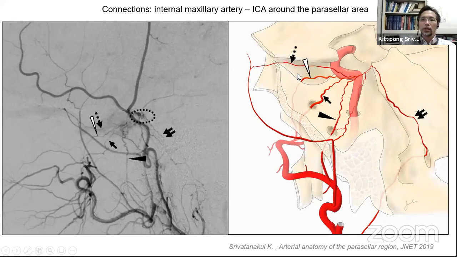So we have a lot of connections over here. Just remember the middle meningeal artery, the accessory meningeal artery, and some of the branches of the sphenopalatine artery, the artery of the foramen rotundum, can have the potential to connect to the internal carotid artery along the nerve. So we move a little bit backwards, okay?